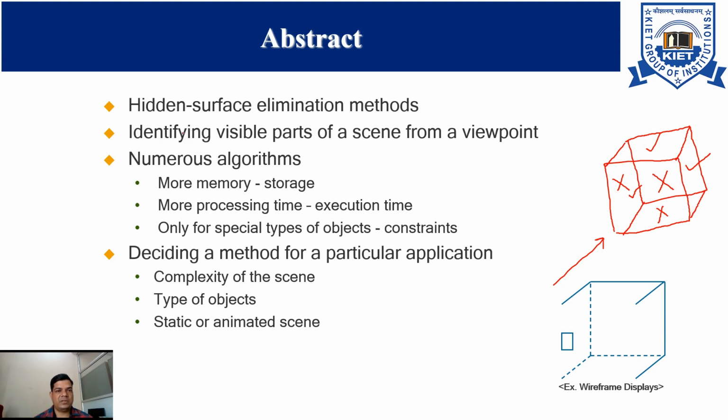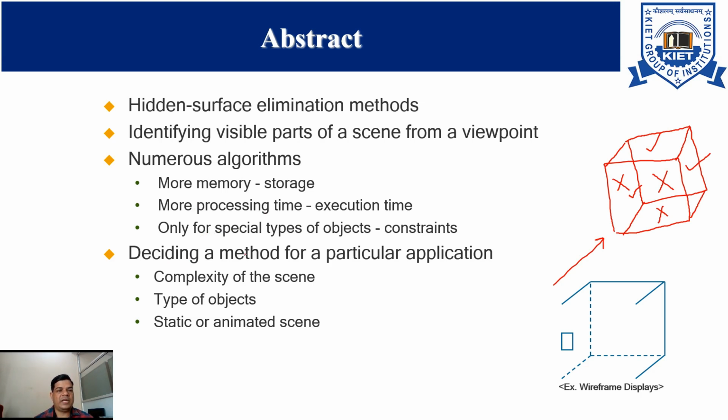For this we have many algorithms, and these algorithms require more memory because they deal directly with the object definitions and the projected images. These algorithms also require more processing time, that is the execution time, and there are some constraints because the algorithm depends on the shape of the object.